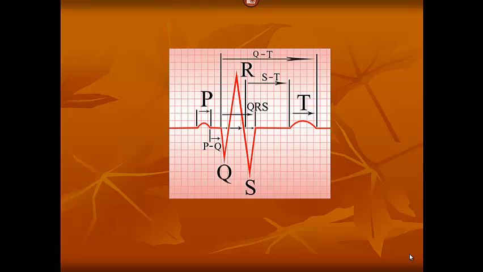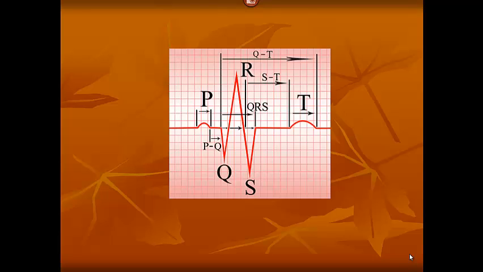The segments of an EKG include PR, ST, and TP segments. Complexes are the combination of multiple waves grouped together. The only main complex of the EKG is the QRS complex.